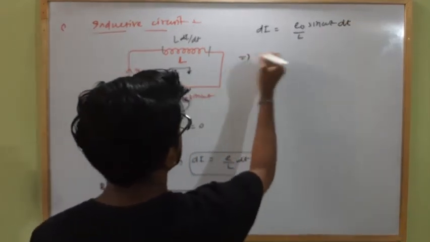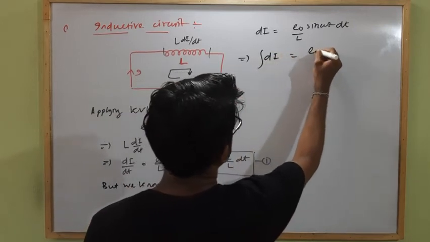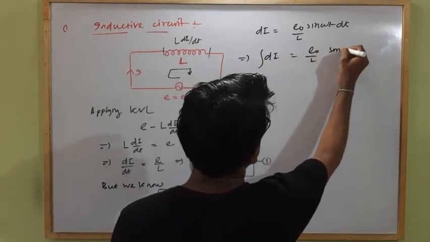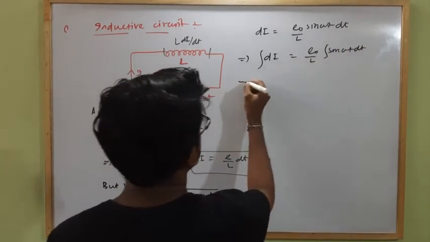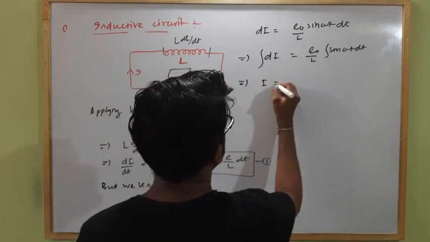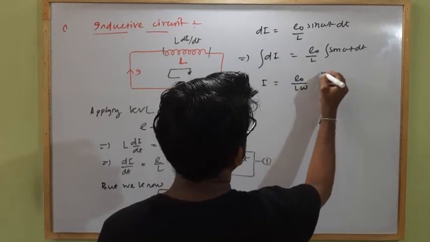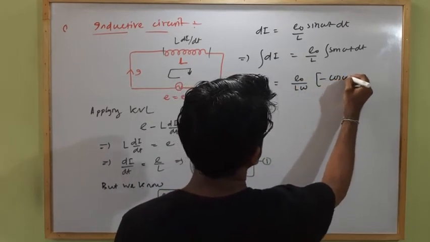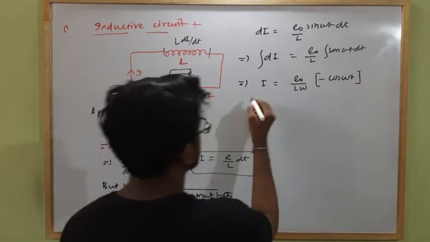Now integrating both sides, we will get the integral of di equal to E naught by L times the integral of sin omega t dt. So this gives us I equal to E naught by L omega times minus cos omega t. Clear?